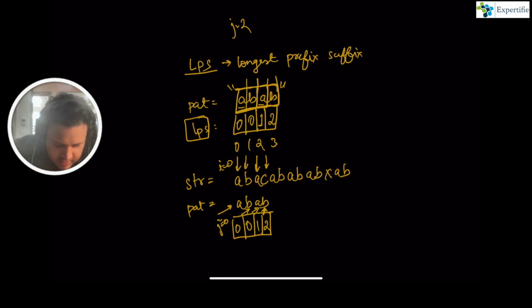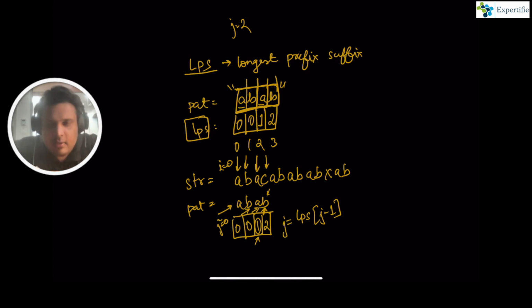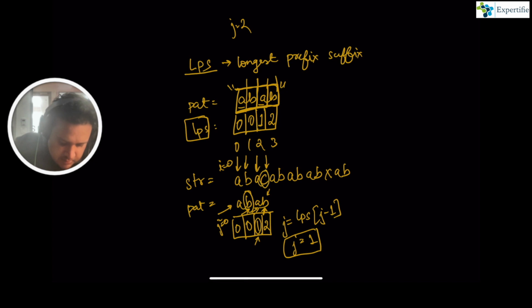J is at B, so go to whatever reading is one position back, which is 1. That is, set J equal to LPS of J minus 1. So it makes J equal to 1. So it says, match this C with this B.